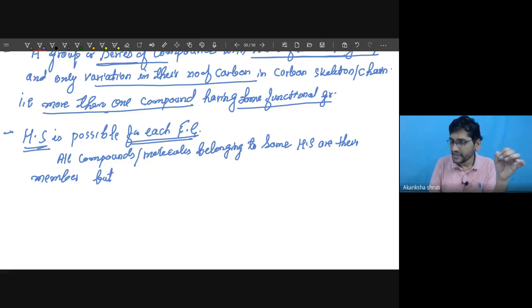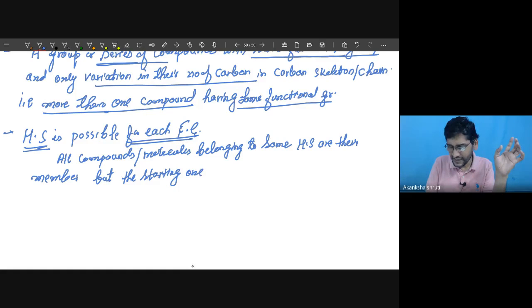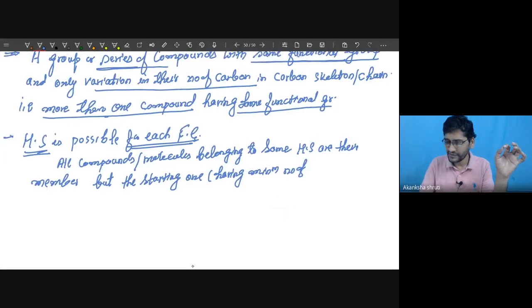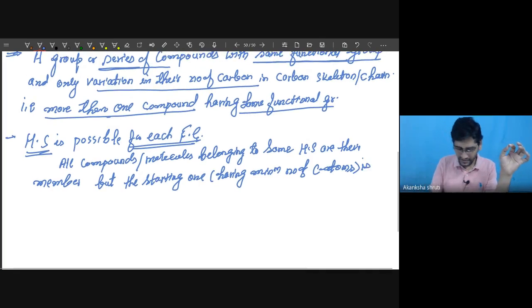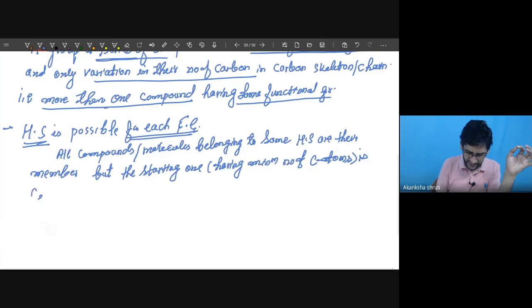But the starting one is called their basic or fundamental member. The starting one means what? Having the minimum number of carbon atoms. This was asked, so that's why we have to understand.